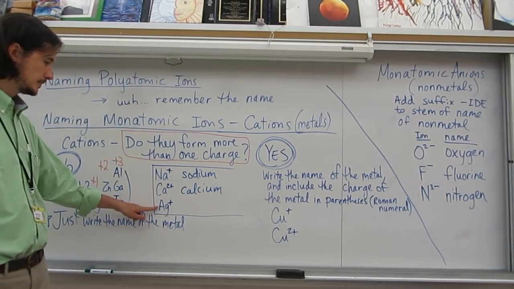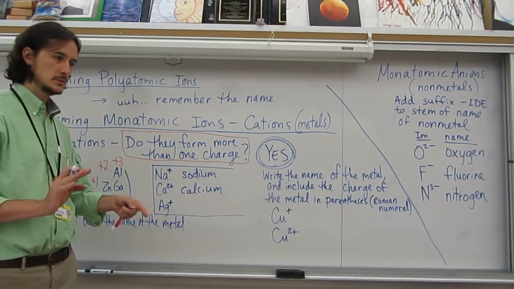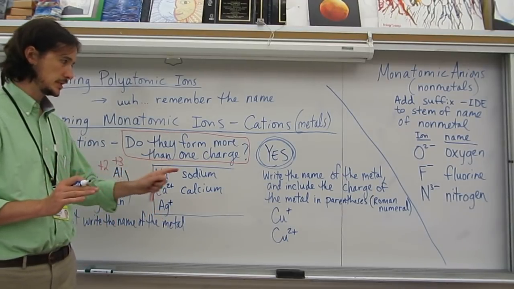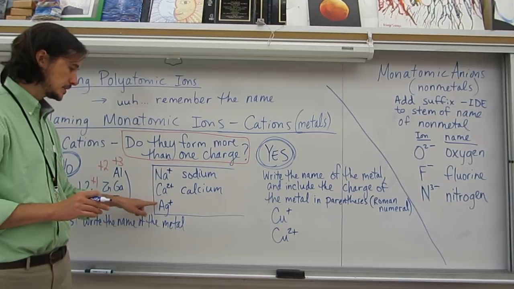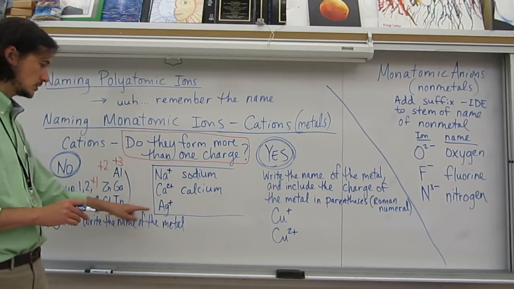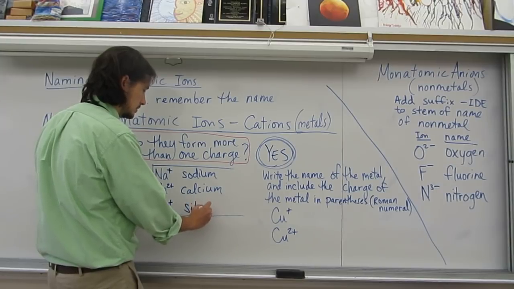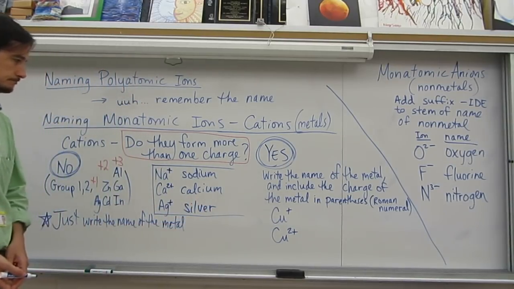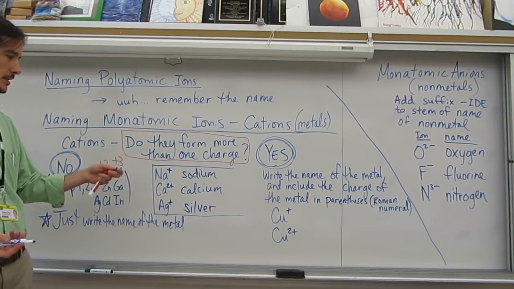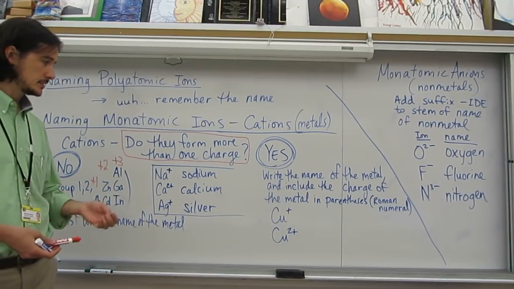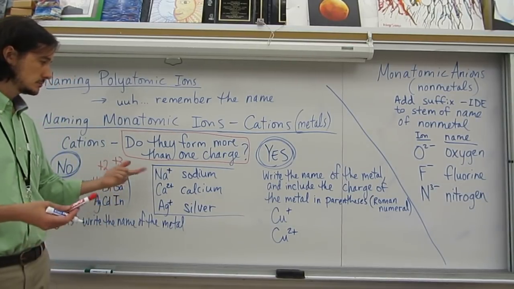And silver, even though it's a transition metal, and many transition metals we're going to name another way, is part of this triangle, and so it's always +1. So we just write silver. Okay, so that's how you name cations that only form one charge.